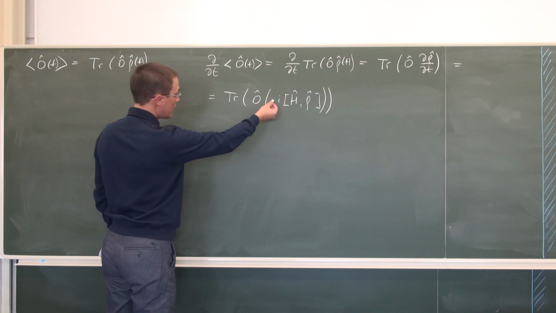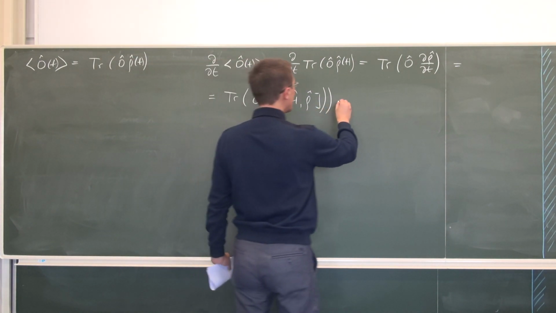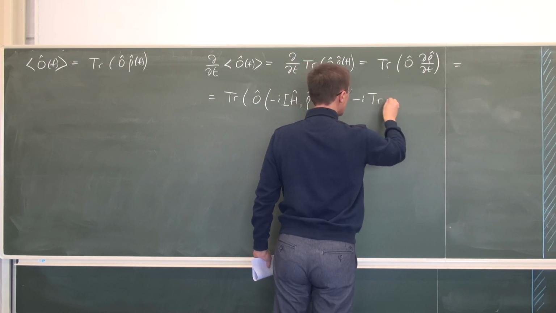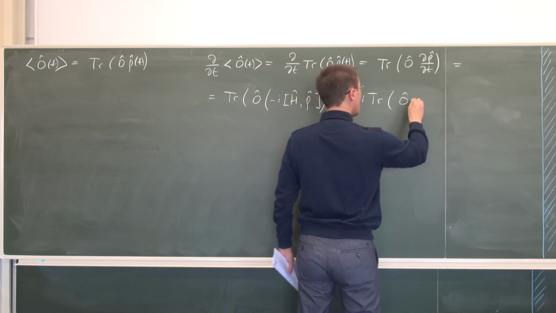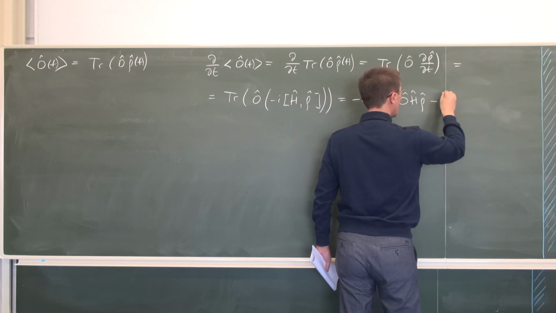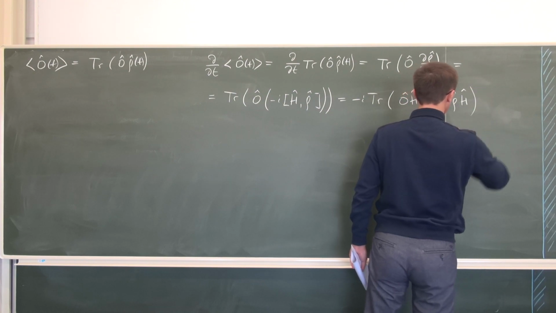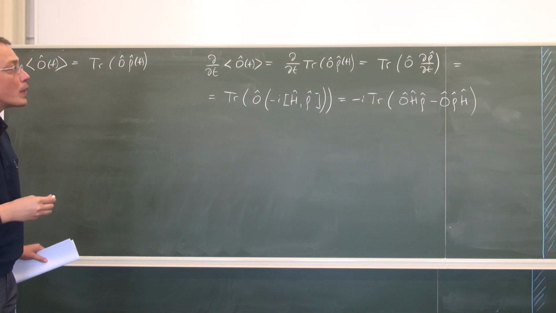Okay, so I will take i out of the bracket, I will open up the commutator, so what we are going to have is minus i trace of O, then it's H rho minus rho H. Okay, so that is everything opened up.